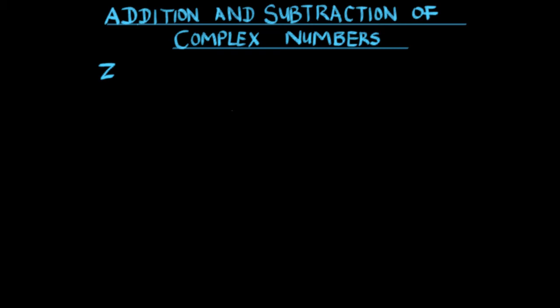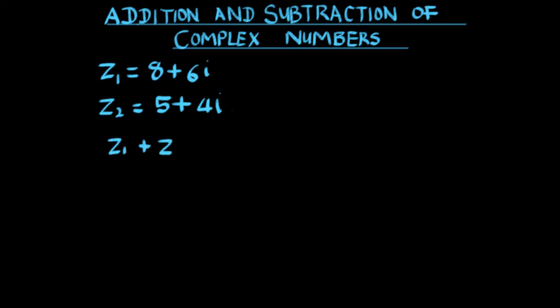So suppose that z1 is given as 8 plus 6i, and z2 is given as 5 plus 4i. This is how complex numbers are represented. Now if you are told to find z1 plus z2, how do we go about this?